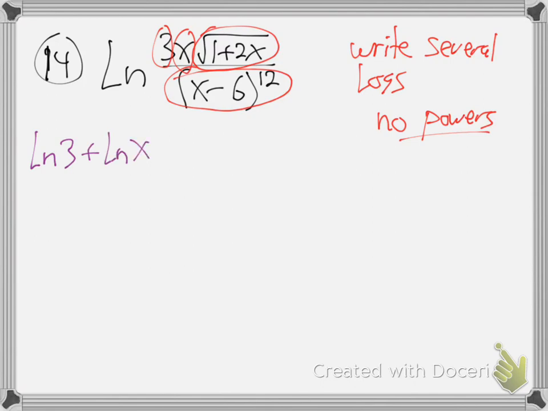ln 3 plus ln x plus ln square root of, yeah, you could do it right now if you wanted, huh? Minus ln of x minus 6 to the 12. That good so far? So it's just adding, subtracting, easy job for lots of logs. Harder things for 1 log, multiplying, dividing, huh? And now, we can't leave power, so you know what to do, huh? So the root is a 1/2 power that we pull to the front.